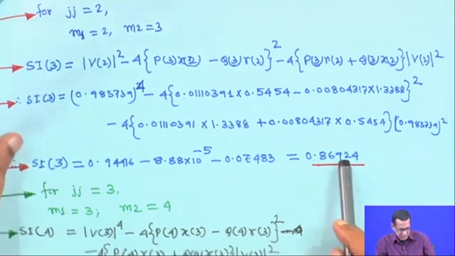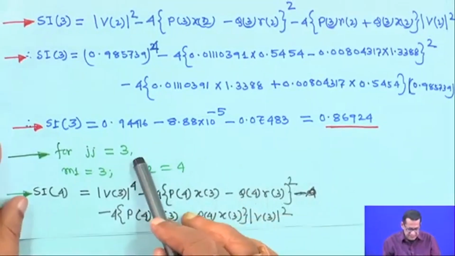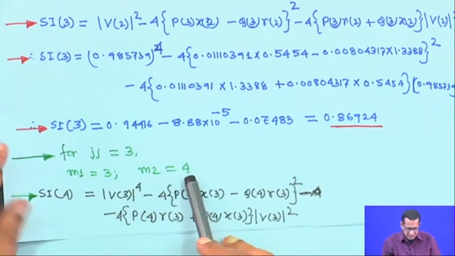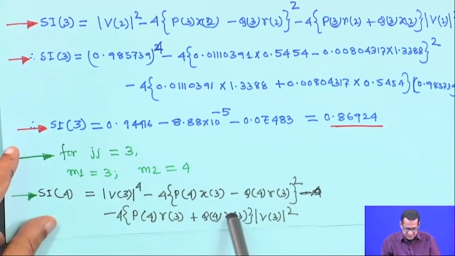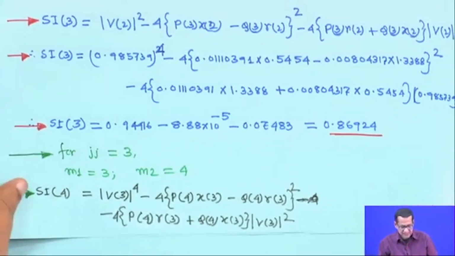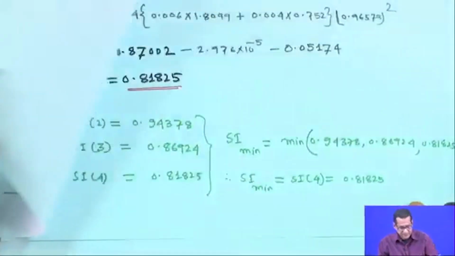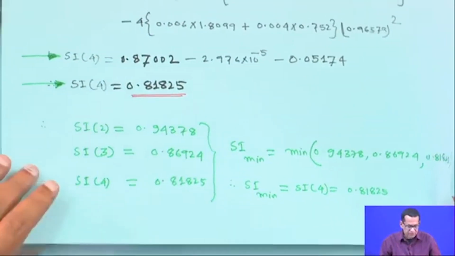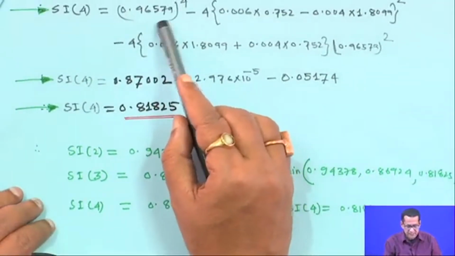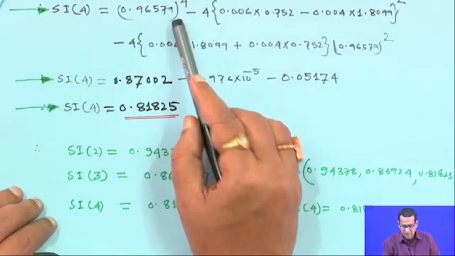This is coming 0.86924. Similarly, for j is equal to 3, m1 is equal to 3, m2 is equal to 4, put this and get this expression, the same expression as SIM2.